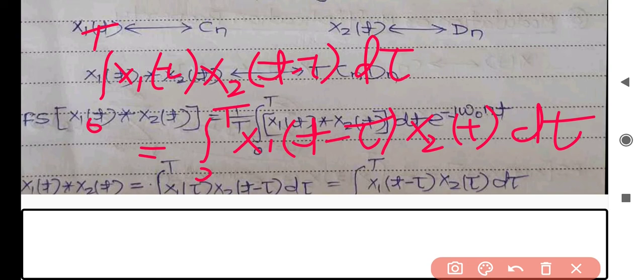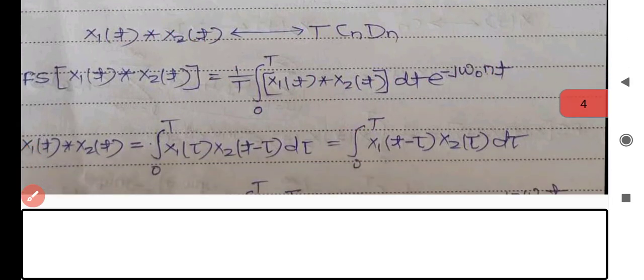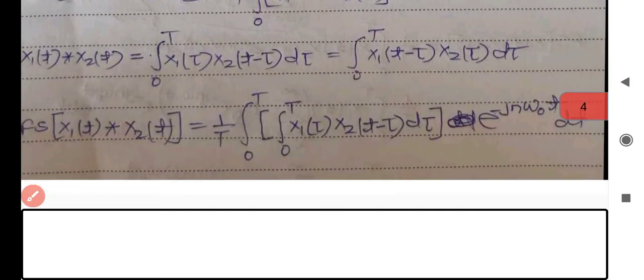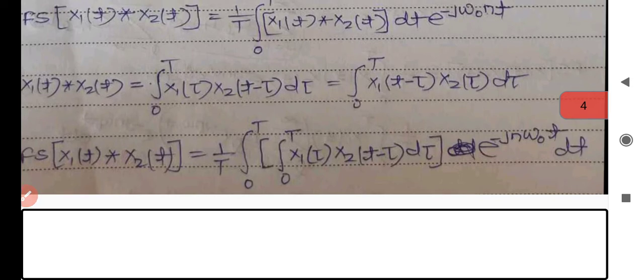So in place of x1(t) convolution with x2(t), we write this expression. The relation will look like integration from 0 to T x1(τ) x2(t minus τ) dτ e^(minus jnω0t) dt.